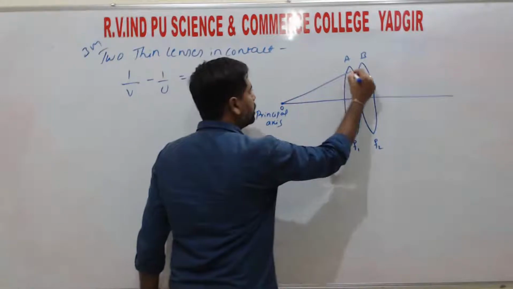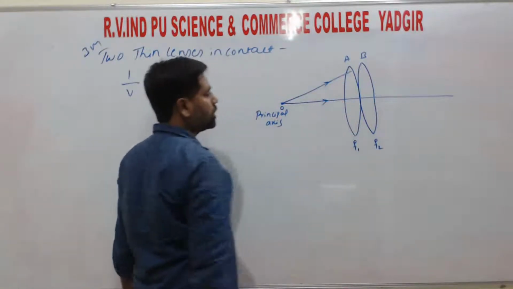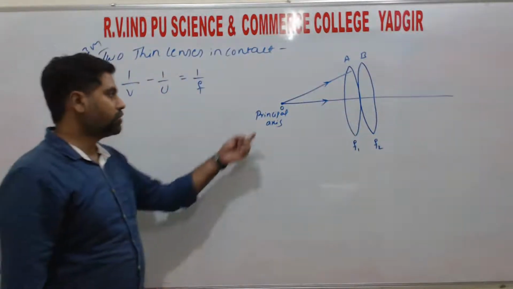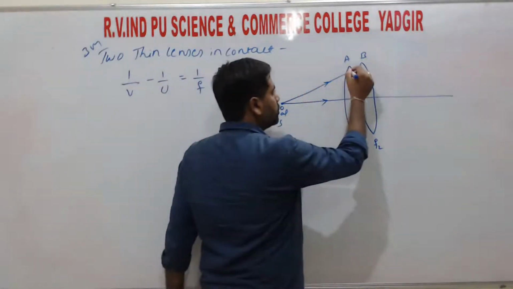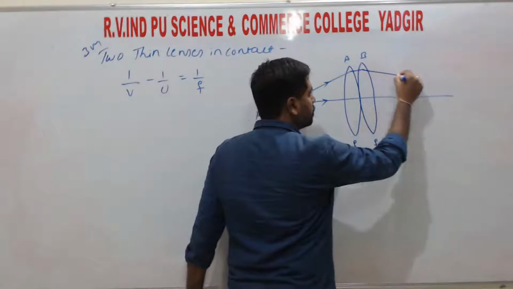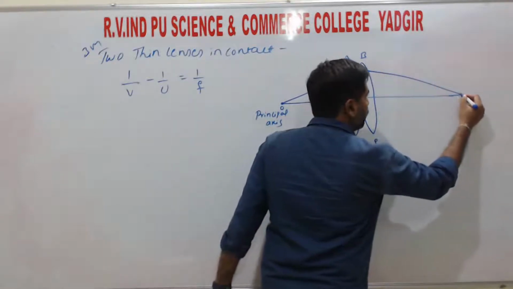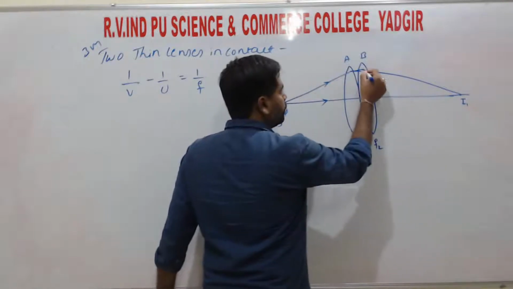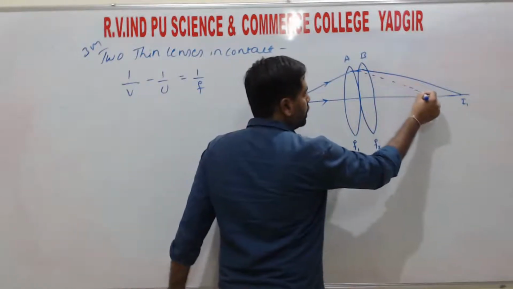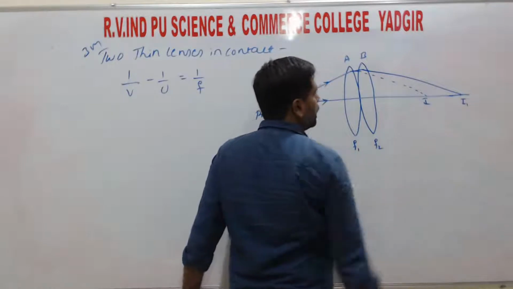From here, the rays which are coming from that object, one is along the principal axis and another one makes some angle. After incidence on this, it gets refracted. This point we call image I1, and here we have image I2.